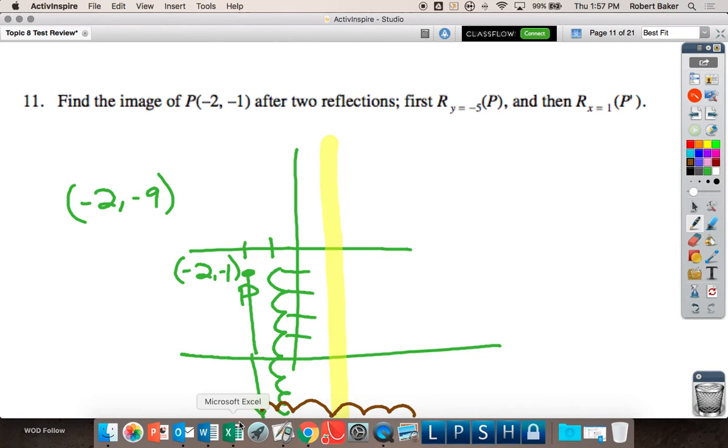So I have to move it 6 units to the right, which would be 4, -9. This is why I always taught you guys to do it on graph paper, because it makes no sense when you sketch it out by yourself. Use the graph paper, use the graph paper, use the graph paper.